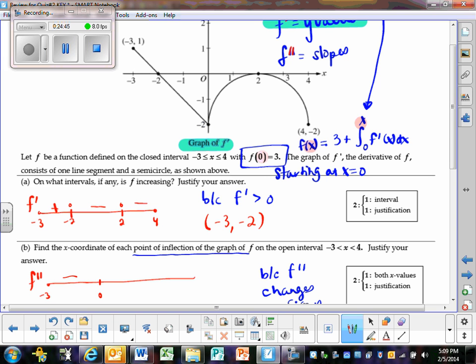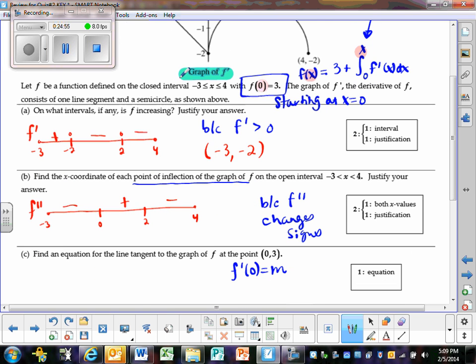We have a negative slope. From x is 0 to x is 2, we have a positive slope. And from x is 2 to x is 4, we have a negative slope again. So the second derivative, which are the slopes of this graph, are negative, positive, and negative. So we have points of inflection at x equal to 0 and 2.